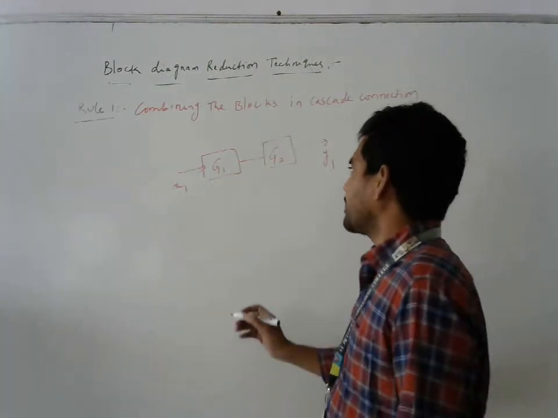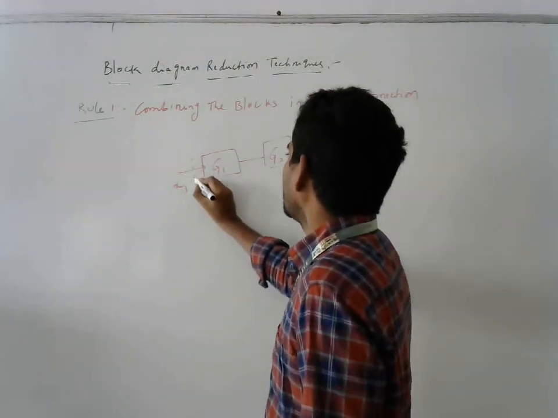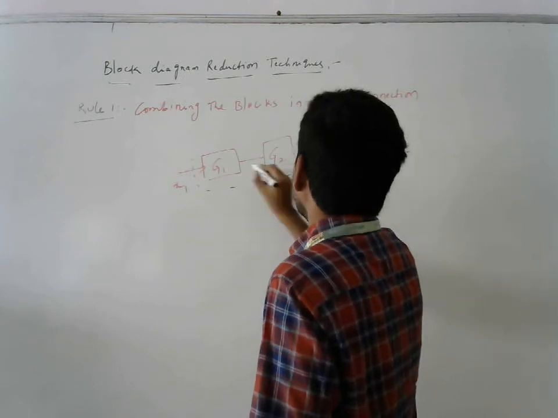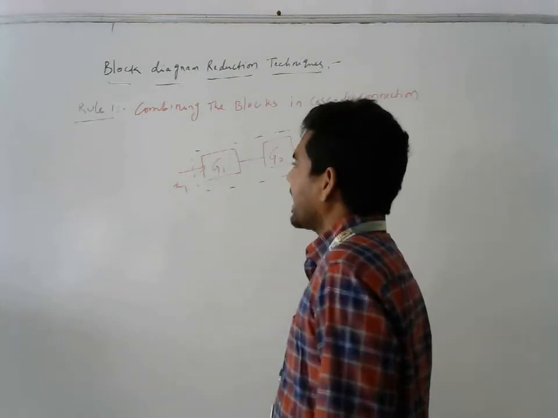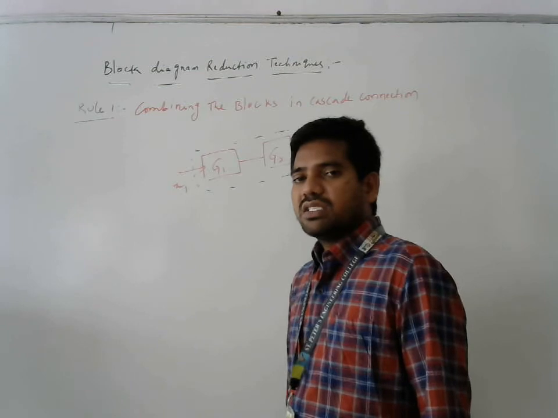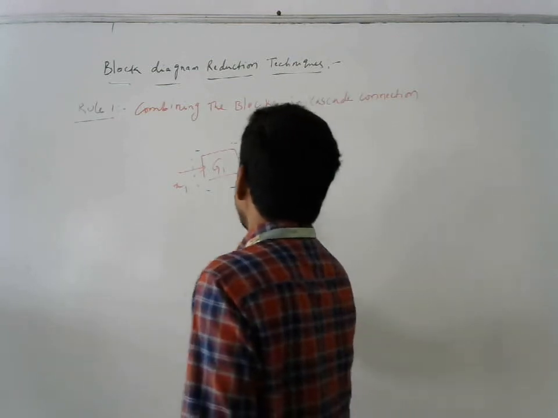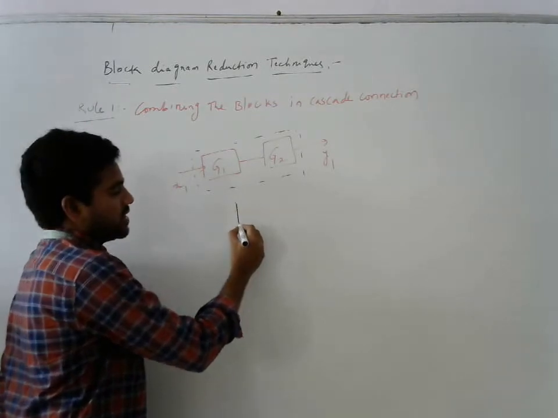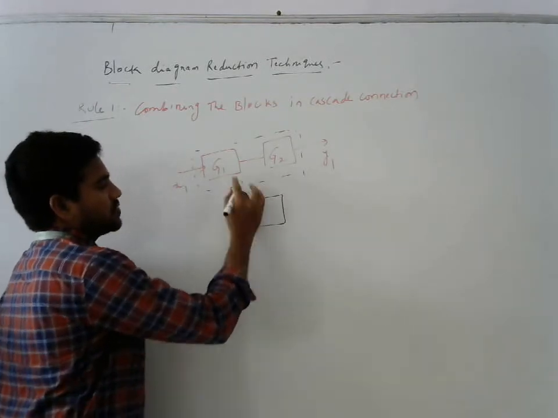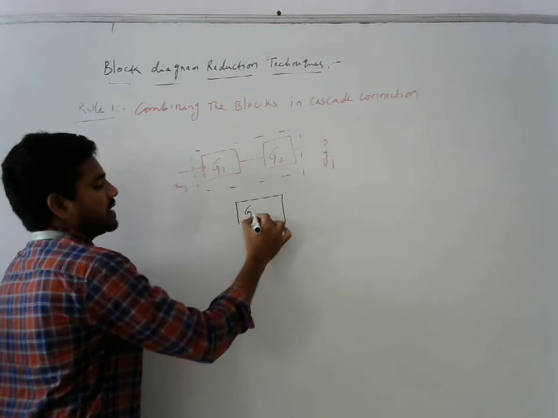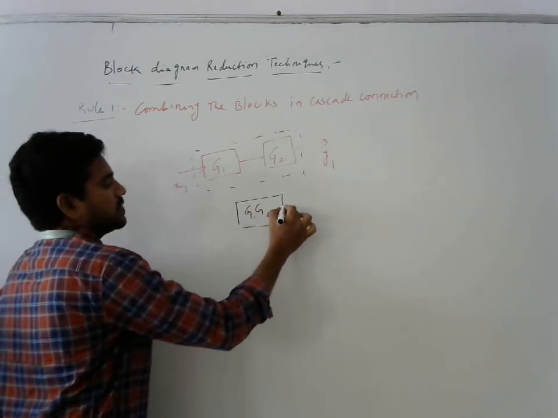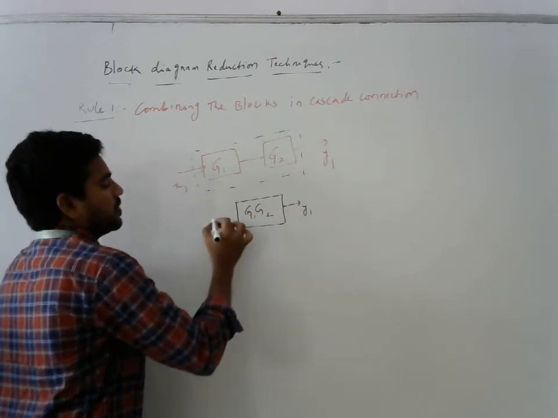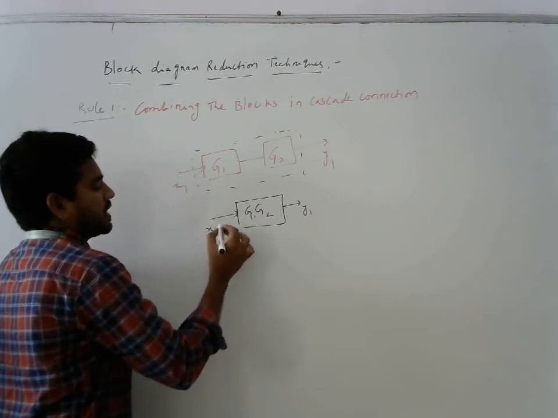Now, if these are the two blocks G1 and G2, we call it a cascade connection or series connection. Then we can replace these two blocks by multiplying G1 into G2, with output Y1 and input X1.